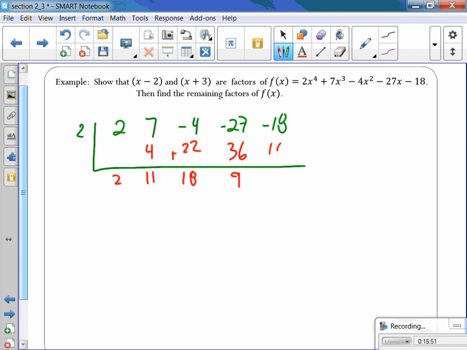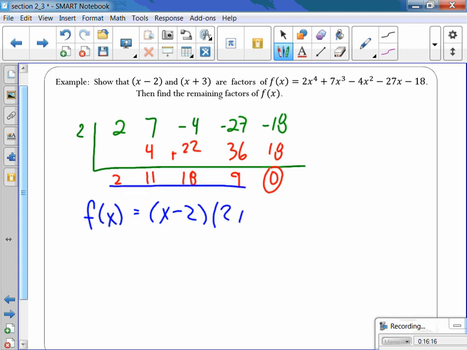So what we have here is we took that f of x, 2x to the fourth plus 7x cubed minus 4x squared minus 27x minus 18. We now know that x minus 2 is a factor, and when we divide, we end up with this quotient of 2x cubed plus 11x squared plus 18x plus 9.